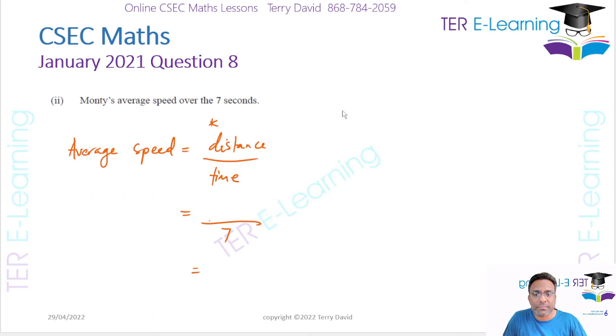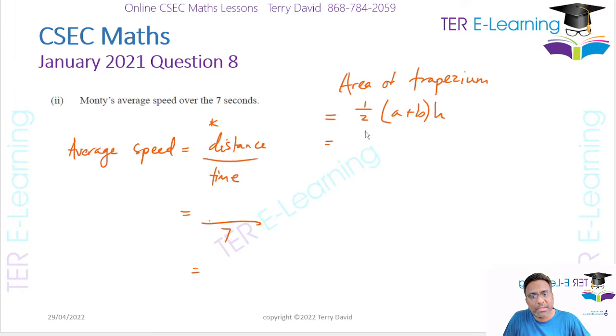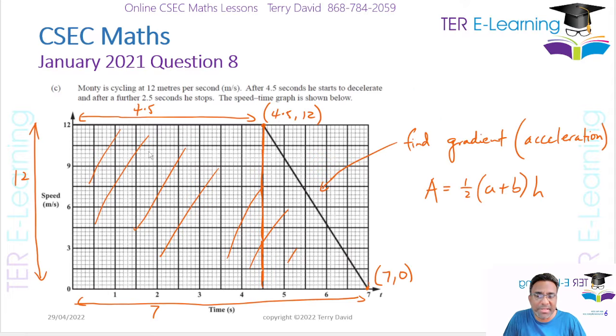So area of trapezium is given by a half multiplied by (a plus b) multiplied by h. So it's a half multiplied by those two lengths, which would be the 4.5 and the 7.